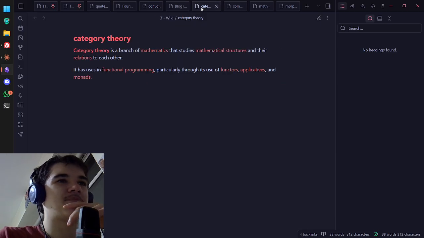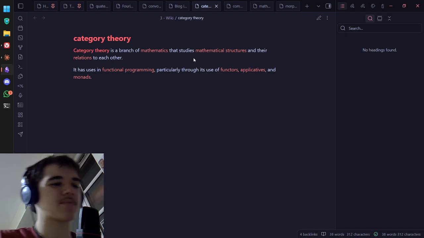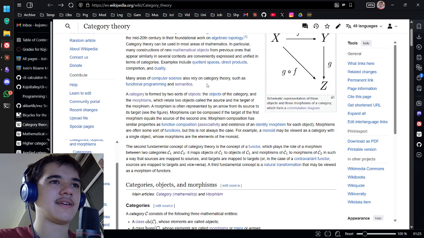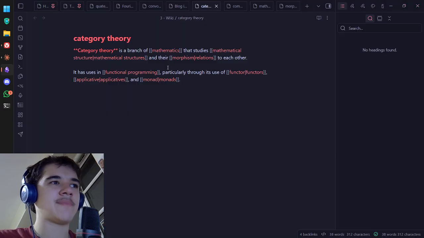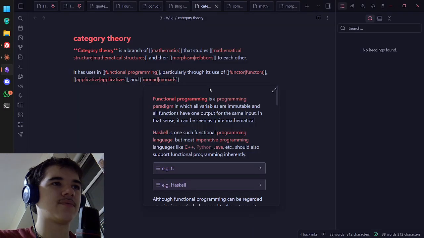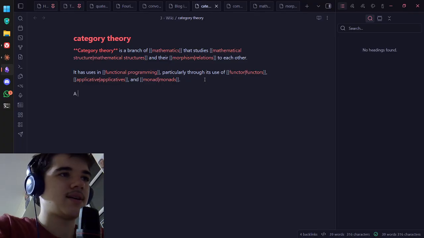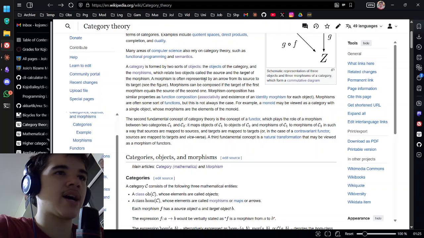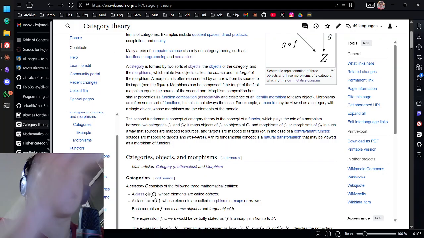But there are also objects. So let's just go up here. This is like the general thing. The main thing is a category. A category, which I will not give its own page, I don't think it needs it. Its own note, sorry.